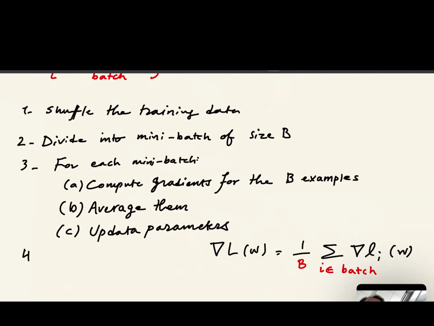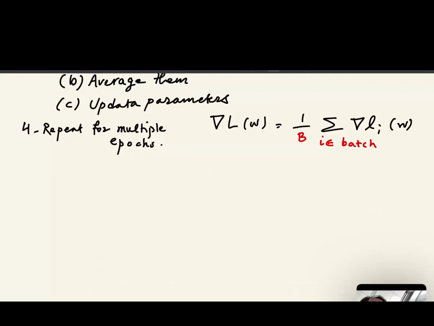We repeat this process for multiple epochs. This gives us a random, really noisy step toward the optimum, and the main reason is that we are randomly choosing these subsamples or batches.